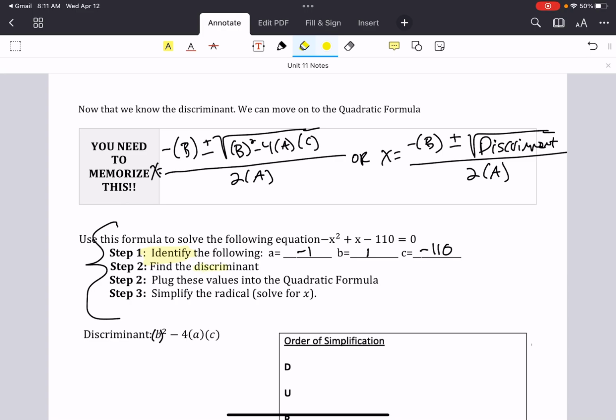Step 2 is find the discriminant. So here's our formula for discriminant.